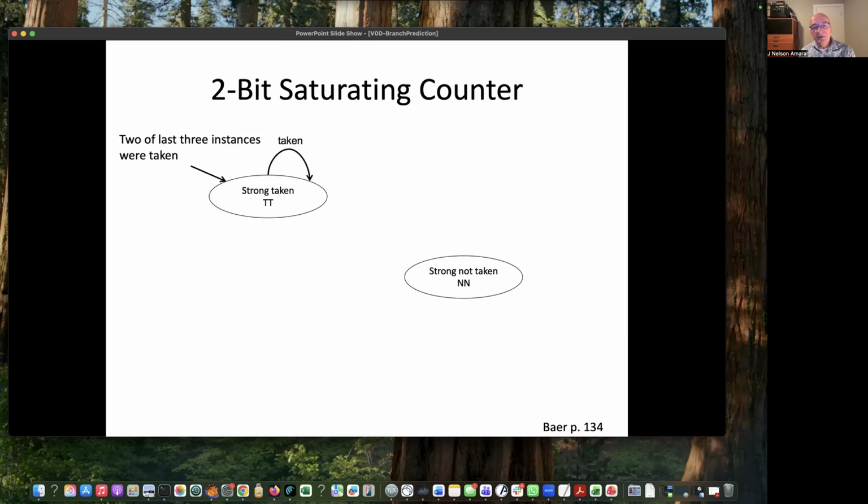And then I have a similar state to this, the strong not taken state. Again, it indicates that 2 of the last 3 instances were not taken. And if this branch is not taken, it reinforces my belief that the branch should not be taken. Then I have the weak taken state, the TN state, so it's taken, not taken.